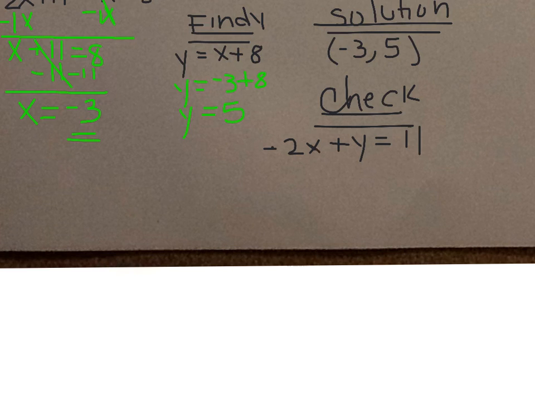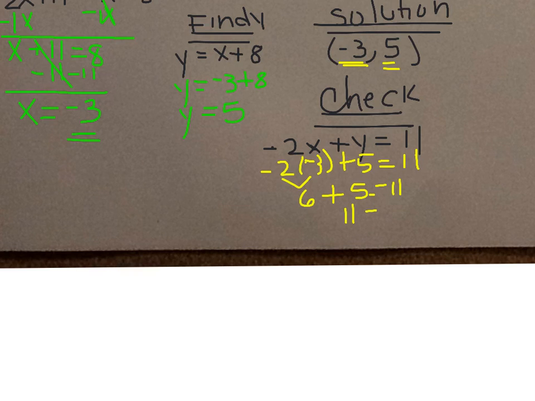Okay, so we're going to plug in x is negative 3, so it's negative 2 times negative 3, plus your y, which is 5, equals 11. So negative 2 times negative 3 is positive 6, plus 5 equals 11.